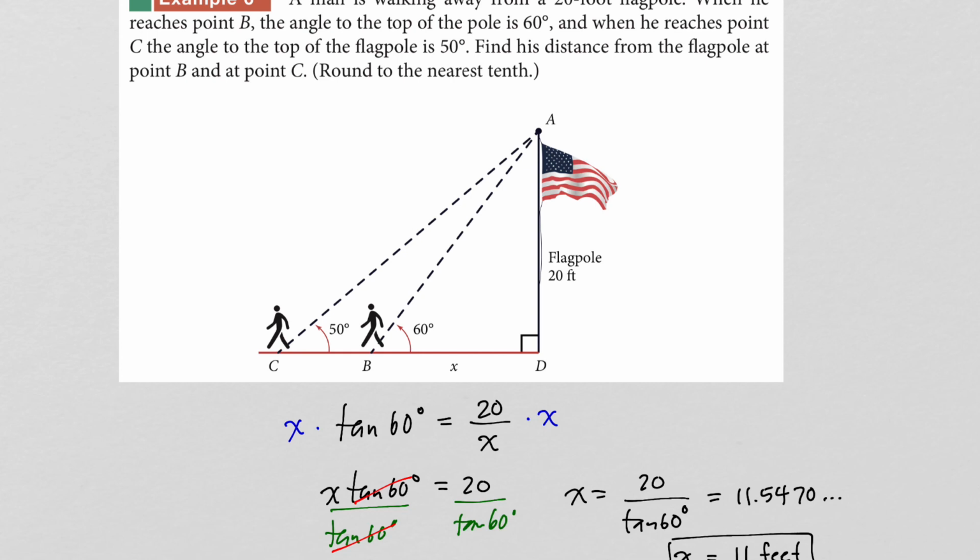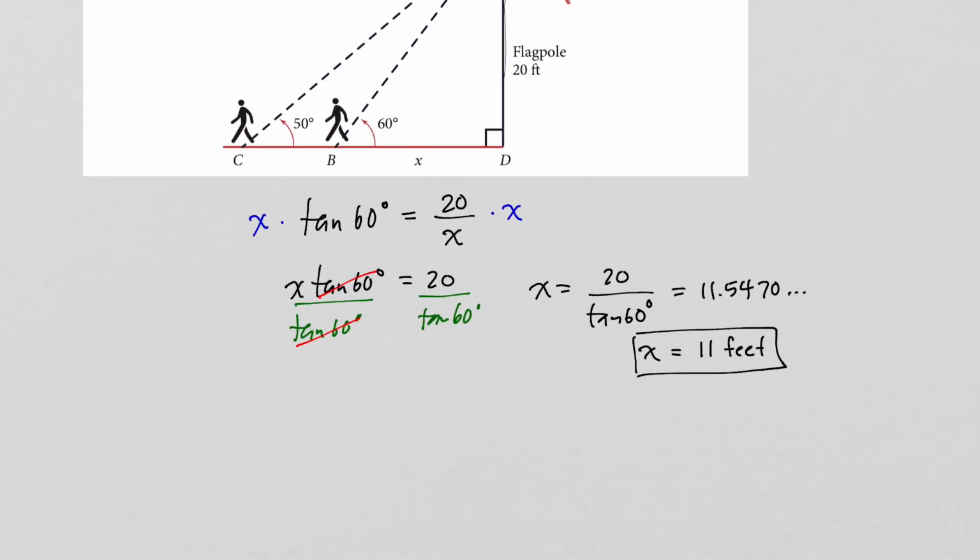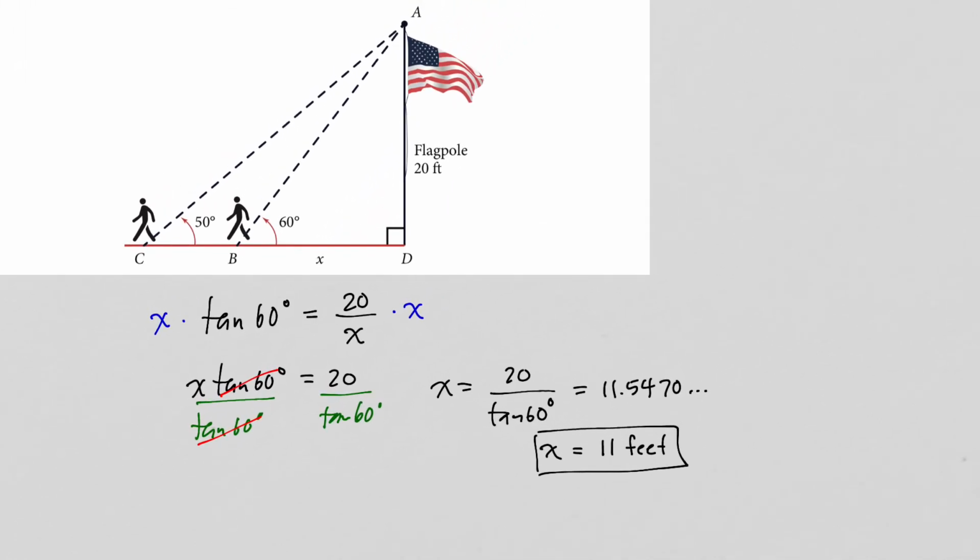Now we want to find the distance at point C. To find the distance at point C, notice that we need to figure out how big this segment is. I'm going to call this segment Y. Now when I do that, notice that the length of this side of the triangle is x plus y.